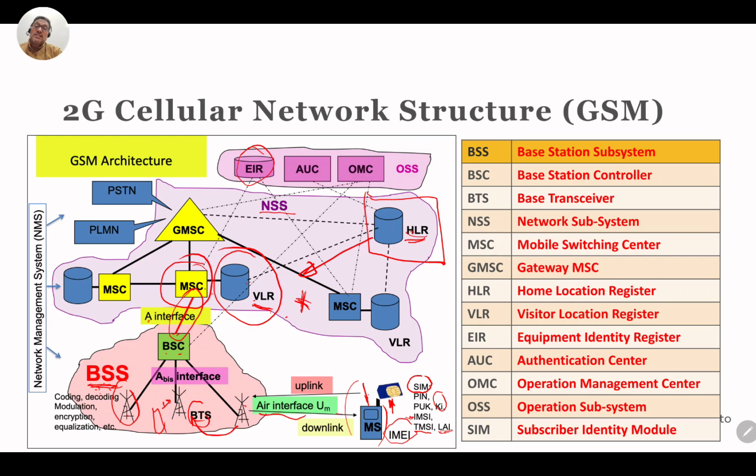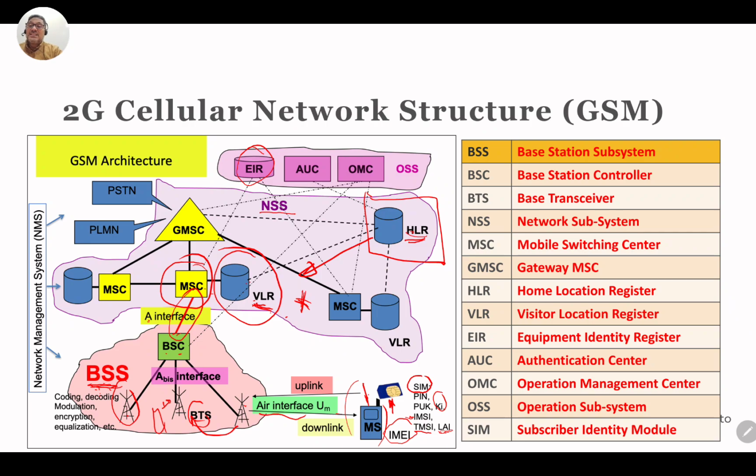Of course, it is not necessary for the visitor location register to know exactly which base station the user is connected to, but at least the region. That region might be covered by several base stations, and the user might hand off from one base station to another very fast, maybe within a few minutes.